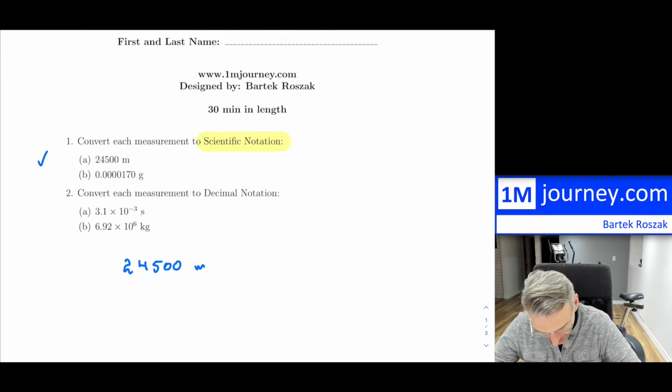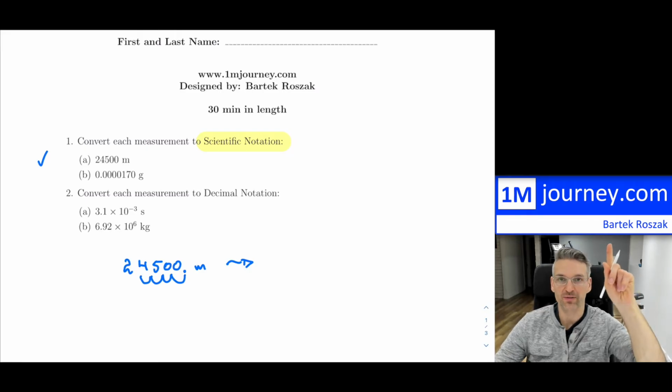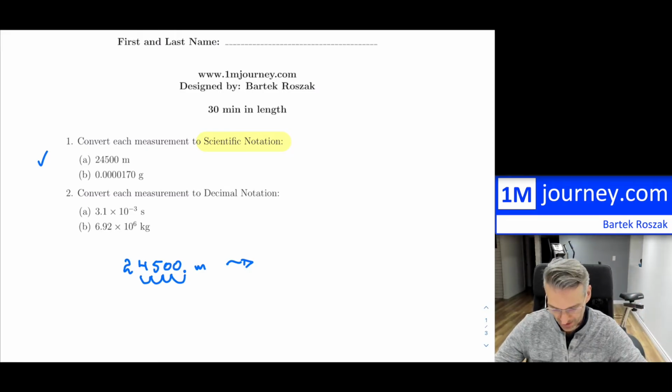24,500, it looks like it's meters. If you want to change this to scientific notation, recall that you're going to start back where the decimal is, although it's not really provided here, and shift the decimal over so that you have a mantissa which is between 1 and 10. If you've forgotten scientific notation, I'll put up a link above to the introductory video.